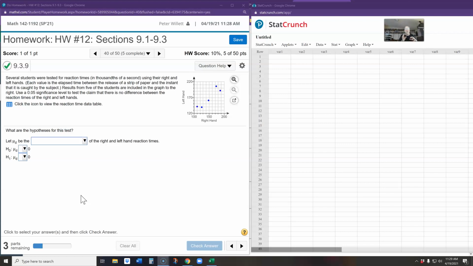But if you're doing a midterm or a final and the problem just pops up and you don't know where it came from in the book, if you have two populations that values are being drawn from, you have to recognize from the description of the problem whether the values are paired together or not.